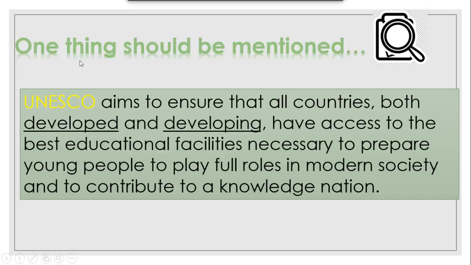Okay, one thing should be mentioned, that is UNESCO aims to ensure that all countries, both developed and developing countries, have access to the best educational facilities necessary to prepare young people to play full roles in modern society and to contribute to a knowledge nation.